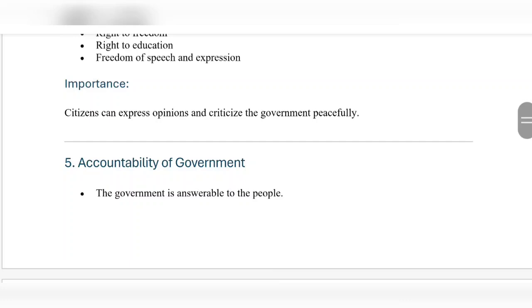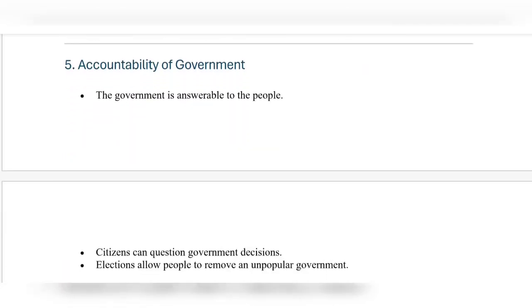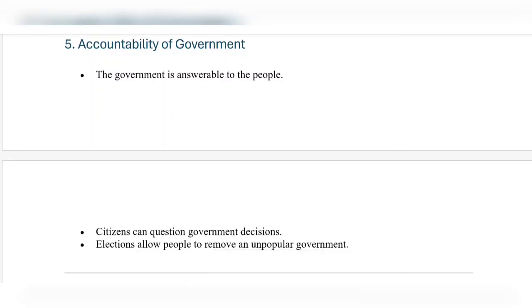Then we talk about the accountability, the next step, accountability of the government. Okay, so when we talk about a democratic government, their government will be more accountable. Why? Because you have chosen the government, right? You have all the rights to change the government through elections, which happens after every 5 years. So they have to be answerable. They have to be accountable of whatever they are taking as decisions for the country, for the people.